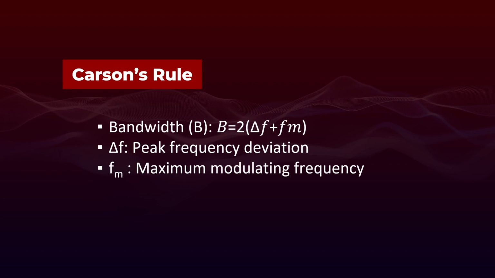This formula indicates that the bandwidth of an FM signal depends on both the peak frequency deviation and the highest frequency present in the modulating signal. In this, the frequency deviation is the amount by which the phase of the carrier wave is shifted from its reference position. In FM, the phase deviation is proportional to the integral of the modulating signal.